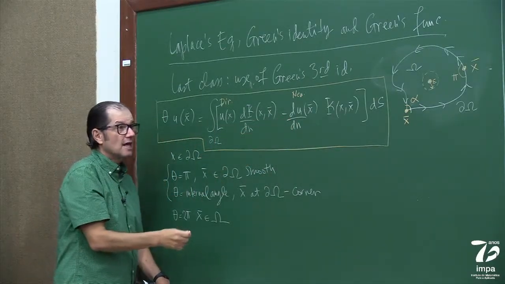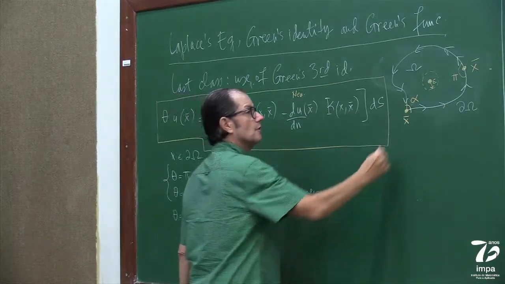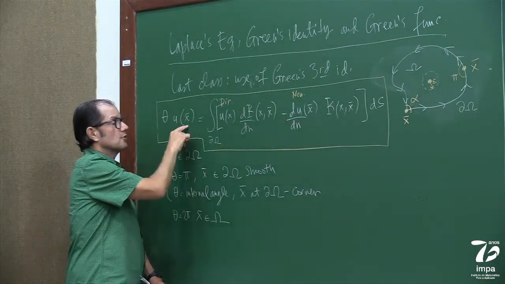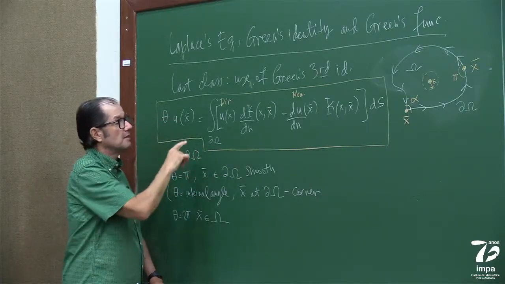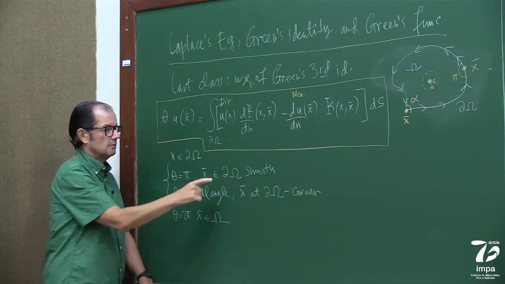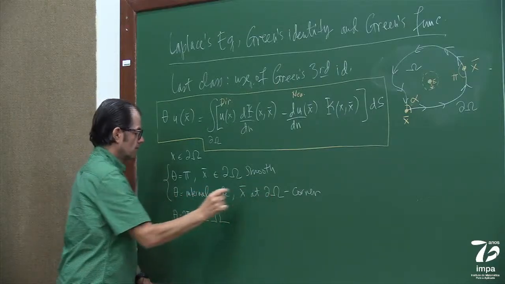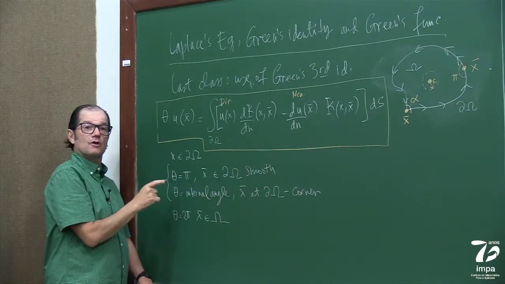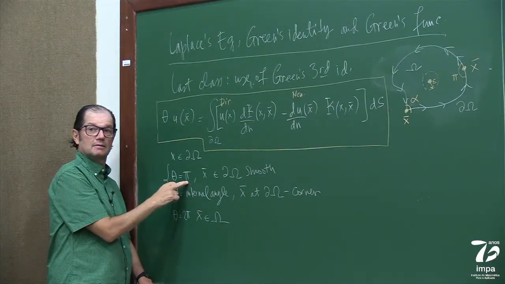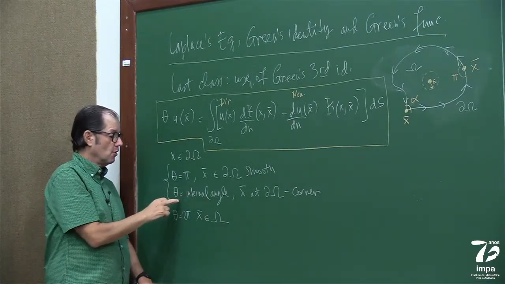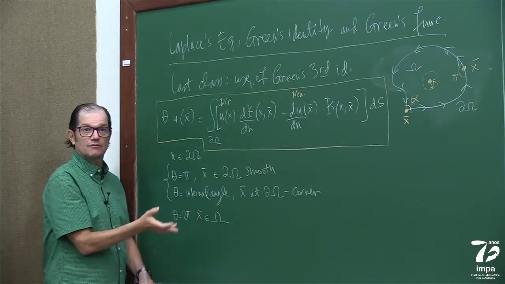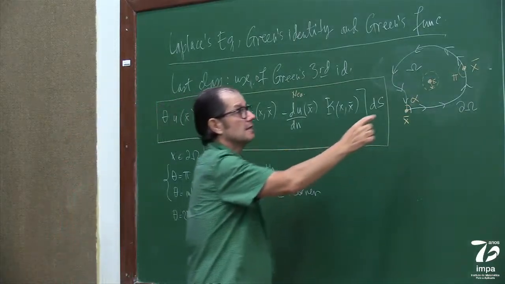Okay? Then we took this point to the boundary, and then we got this expression where on the boundary, if you're at a smooth point of the boundary, you get pi. If you're at a corner, you get the internal angle. Well, pi is like the internal angle, right, for something smooth, as I indicated here.